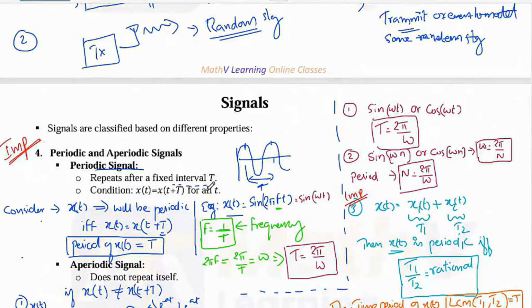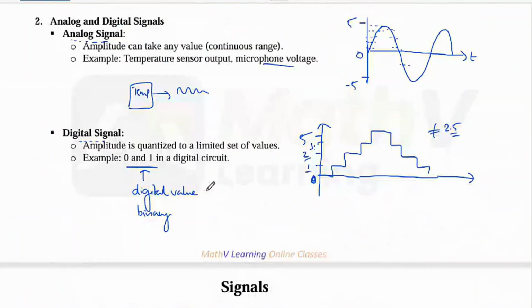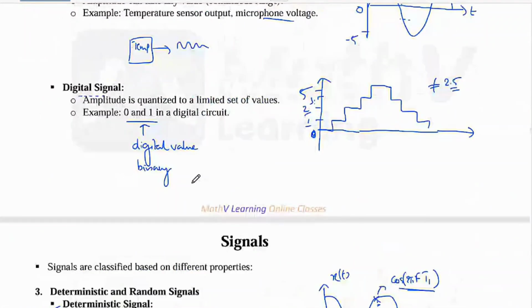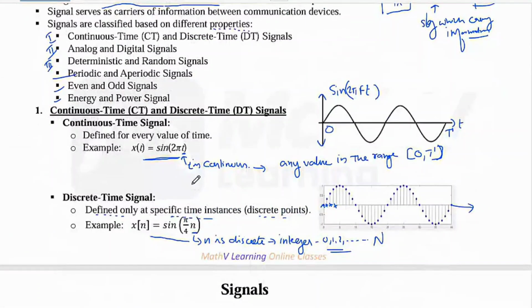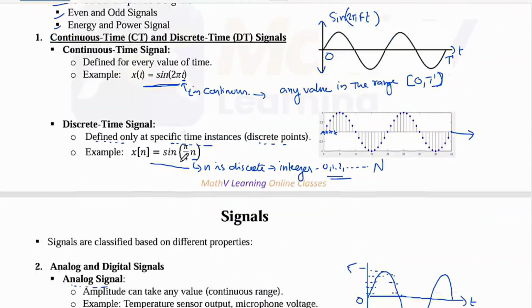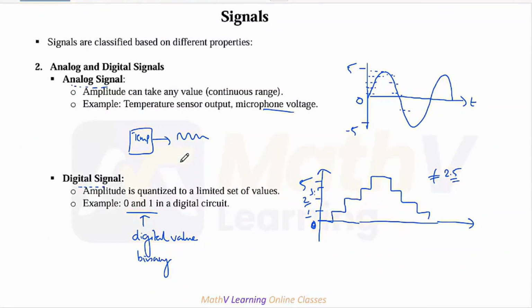Okay, different classifications of signals based on their properties. What are the classifications based on a signal's properties? Continuous time and discrete time signals, based on the time at which that signal is defined. We have analog and digital signals, based on the discrete or continuous nature of the magnitude of that signal.